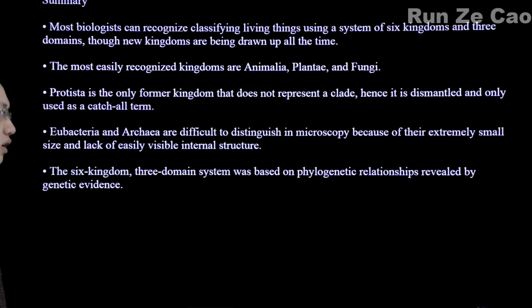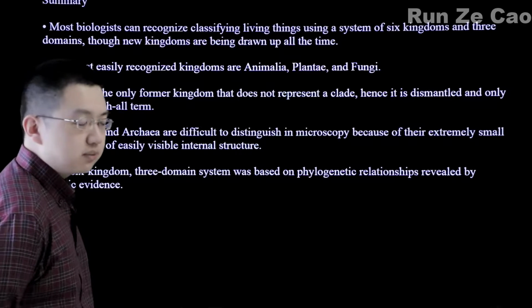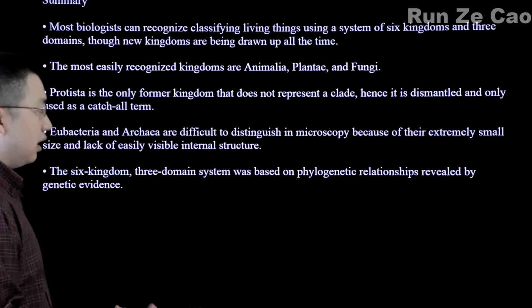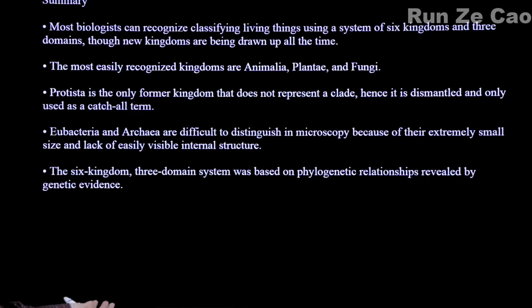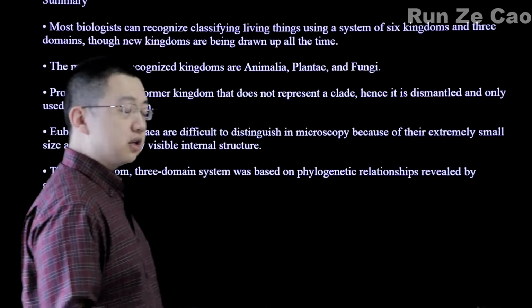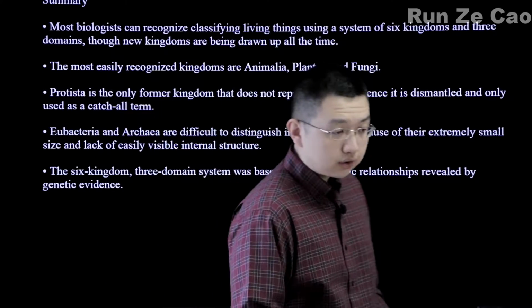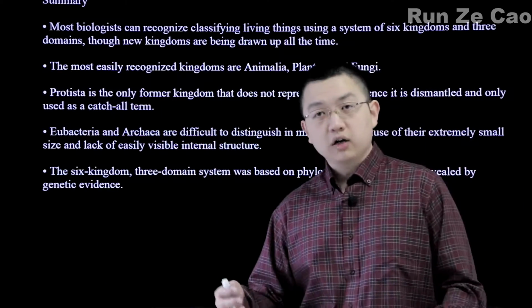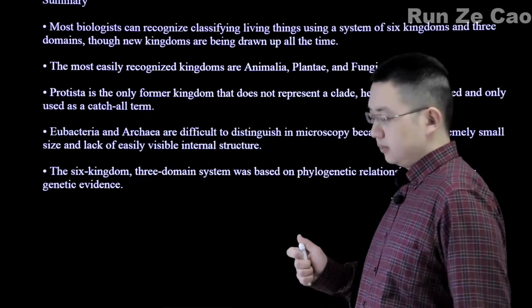Eubacteria and Archaea are difficult to distinguish by just light microscopy because they are small and they have few, if any, easily visible internal structures, unlike eukaryotes, which are highly compartmentalized within the cell.